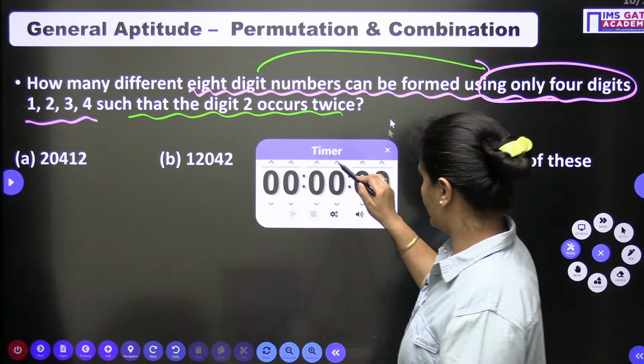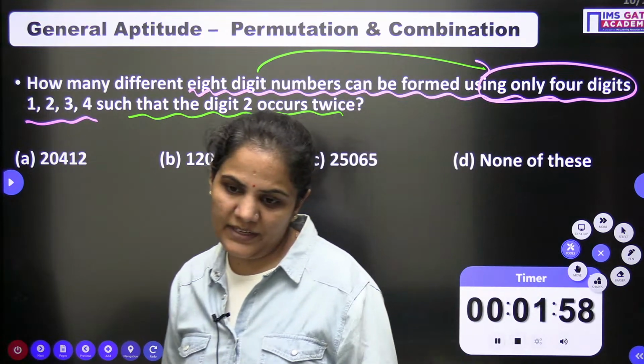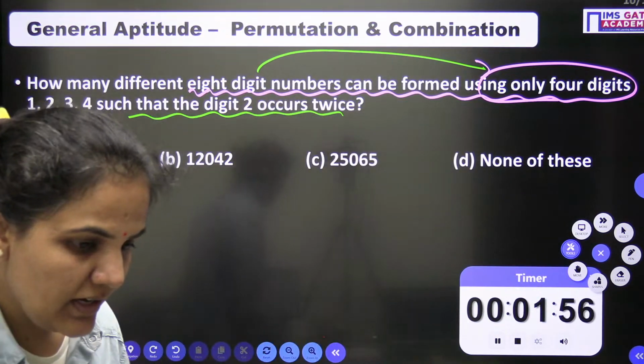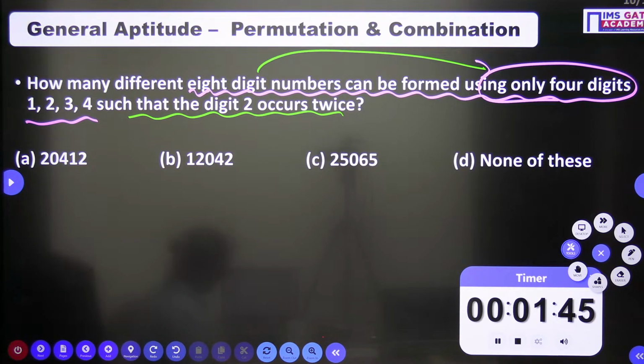Go for it, bacho. You will try, we will have a detailed discussion. How many different 8-digit numbers can be formed using only 4 digits 1, 2, 3, 4 such that the digit 2 occurs twice? It's mentioned clearly that the digit 2 occurs twice.